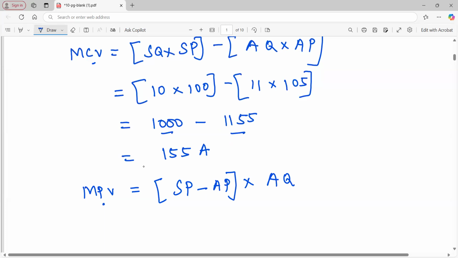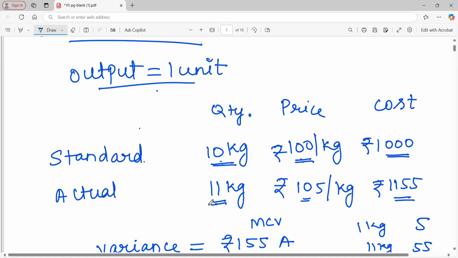So we are taking the difference between the standard price and the actual price and multiplying it with the actual quantity. When we say actual quantity, it could be either actual quantity purchased or actual quantity used. In this question, the actual quantity purchased and actual quantity used are the same. We purchased 11 kg, we used 11 kg. We do not have any closing stock with us.